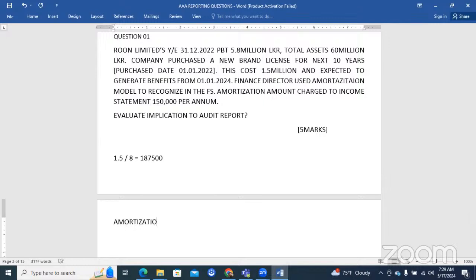Amortization charged is 150,000 per annum. Amortization required should be 187,500 per annum.